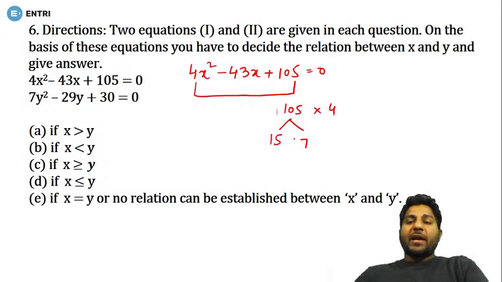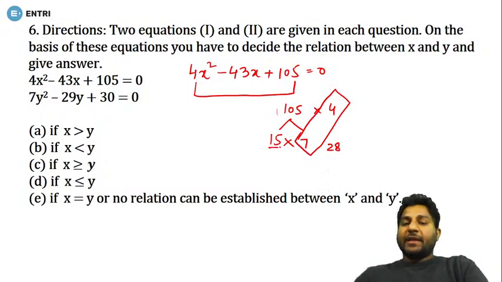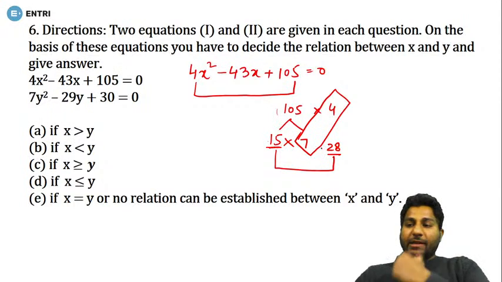Now let's combine two factors. 7 fours will be 28, and this 15 will be there as well. Let's add 28 and 15, and it will become 43. So that means the factors of the product of 4 into 105 will be 15 and 28.